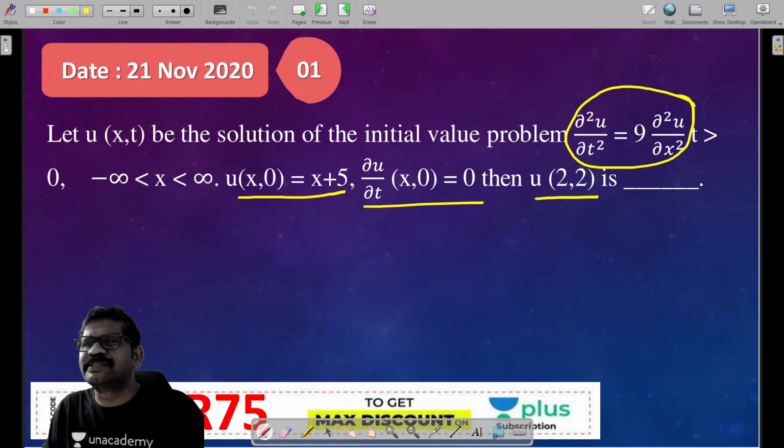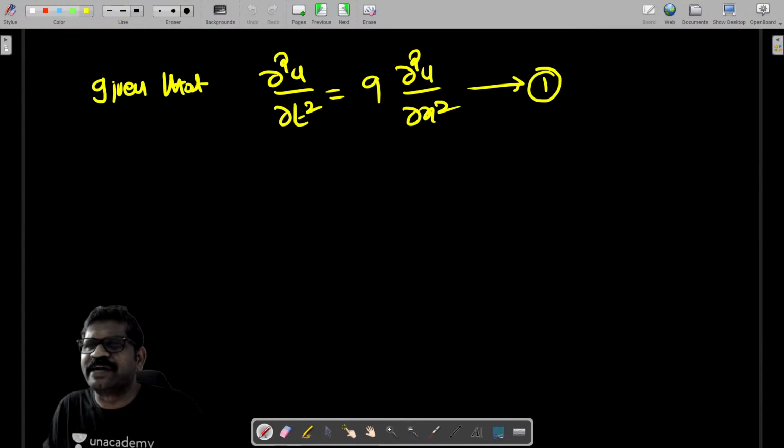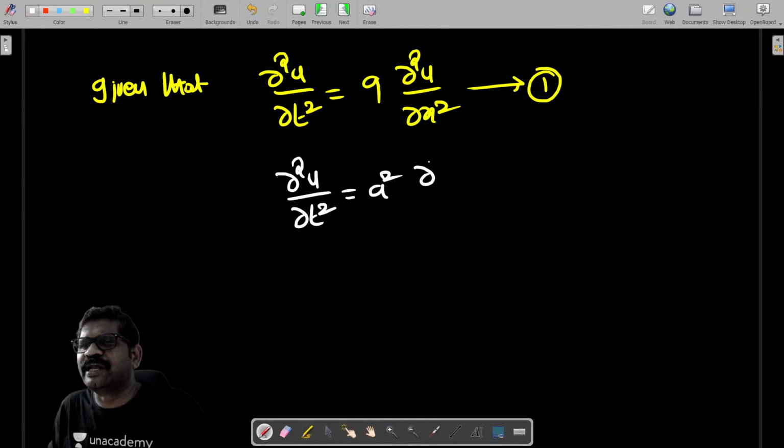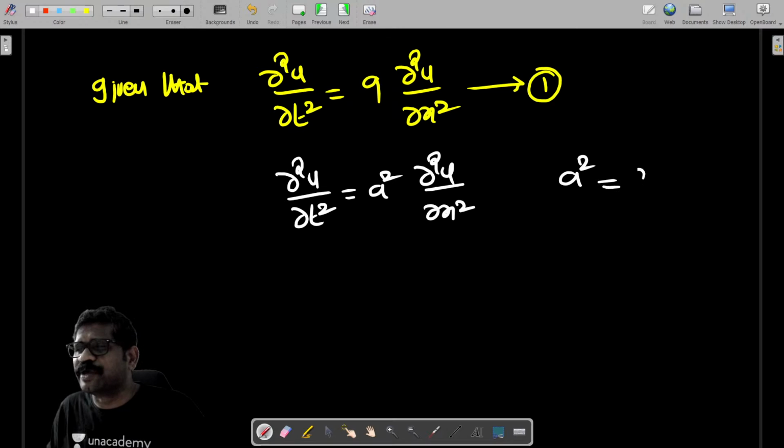It is a wave equation problem. If you compare with the standard form, del square u by del t square equal to a square into del square u by del x square, you will get a square equal to 9. Therefore, a is equal to 3.